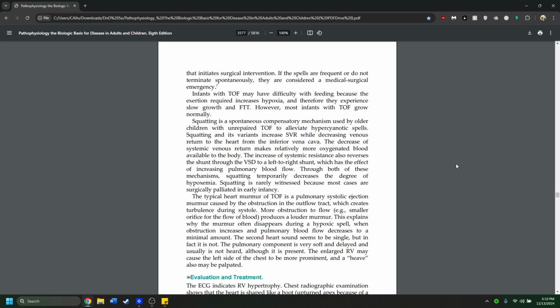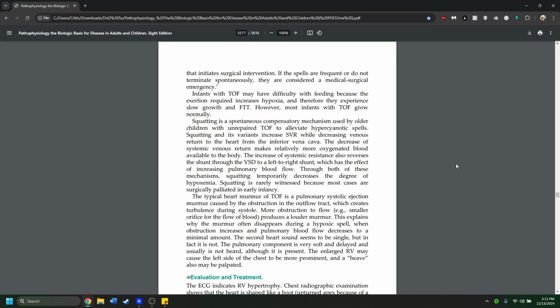The typical heart murmur of TOF is a pulmonary systolic ejection murmur caused by the obstruction in the outflow tract, which creates turbulence during systole. More obstruction to flow produces a louder murmur. This explains why the murmur often disappears during a hypoxic spell, when the obstruction increases and pulmonary blood flow decreases to a minimal amount.